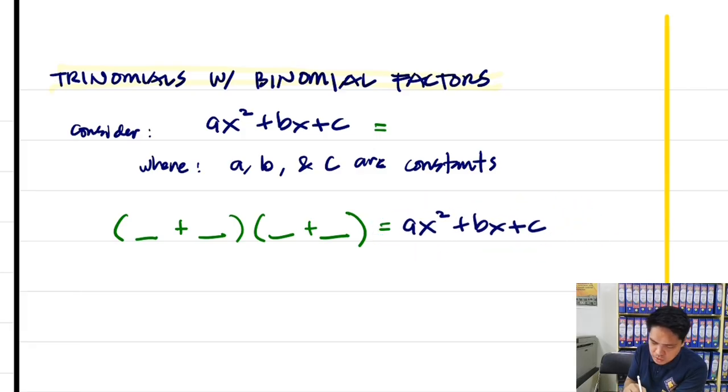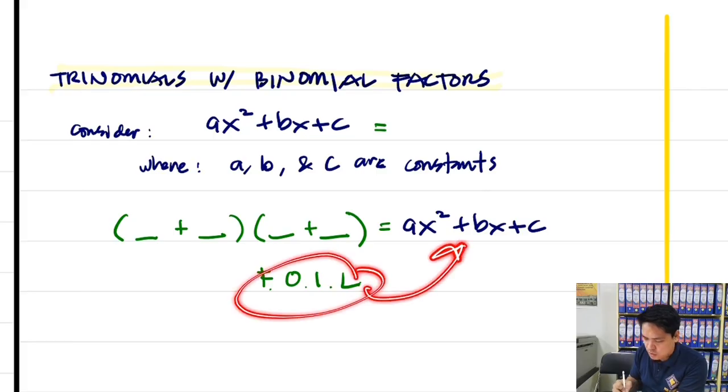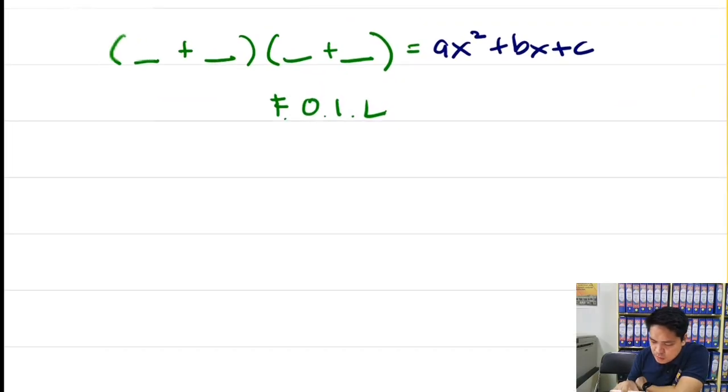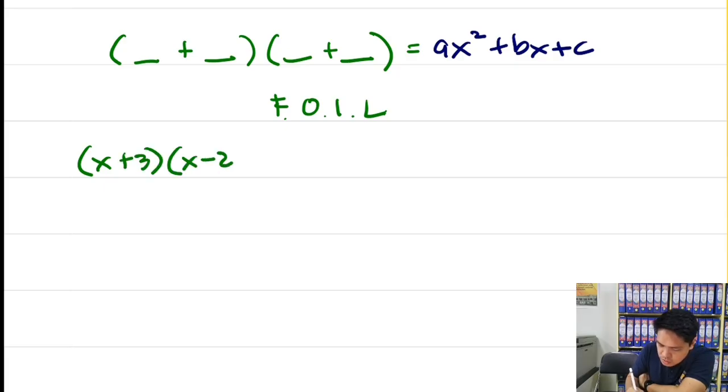Okay, and usually the process that we do is FOIL, diba? Or first, outside, inside, and last. So because of this process FOIL, that resulted in this trinomial. Here's an example using FOIL. For example, if you have x plus 3 multiplied by x minus 2.